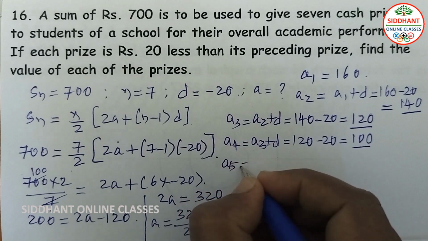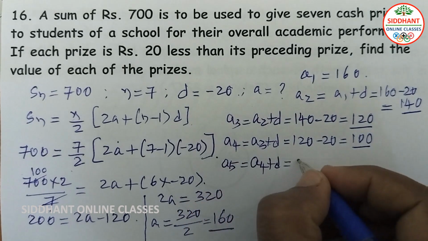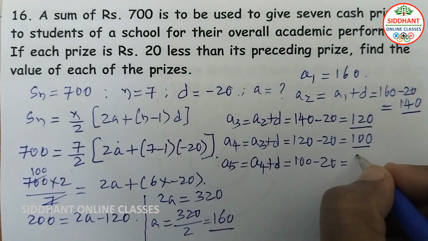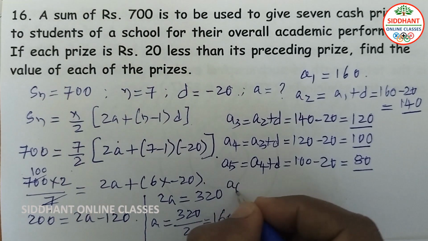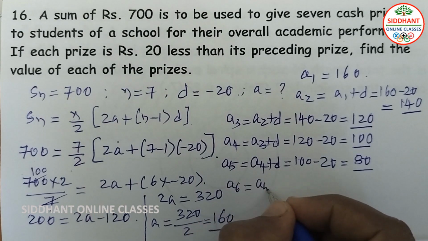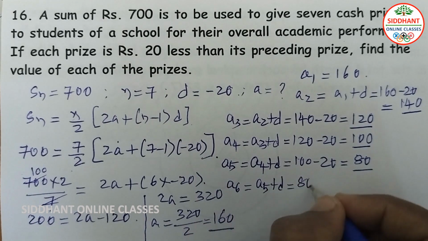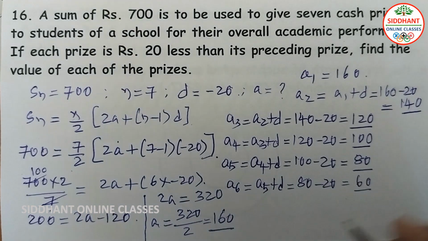A5 is A4 plus D, that equal to 100 minus 20, so that equal to 80 here. A6 that equal to A5 plus D, that equal to 80 minus 20, that equal to 60.